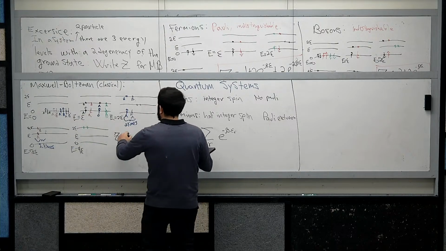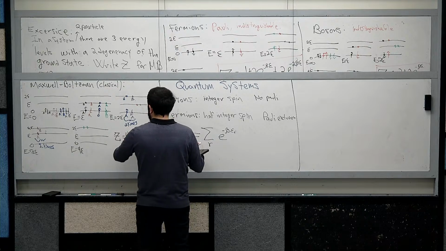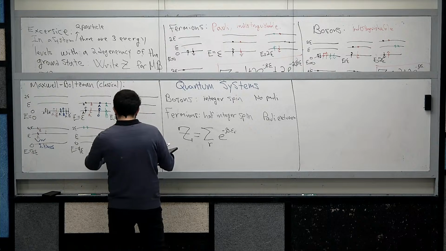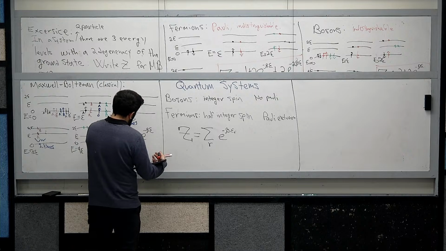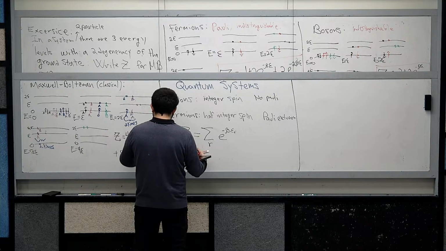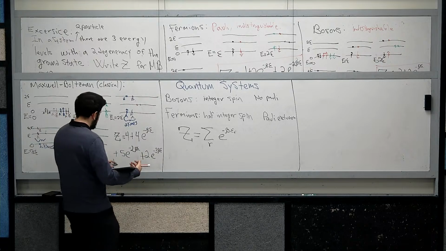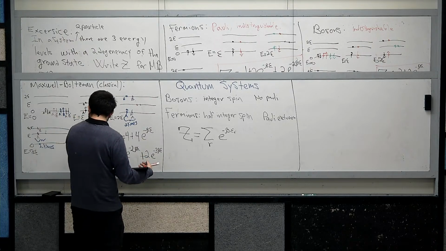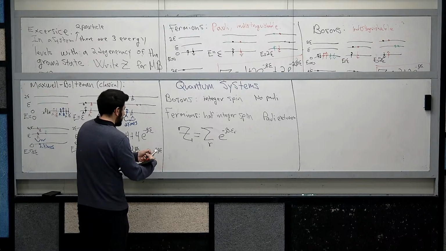Which would be the 4 first, times 1, plus 4 times e to the power minus beta epsilon, plus 5 times e to the power minus 2 beta epsilon, plus 2 times e to the power minus 3 beta epsilon, plus e to the power minus 4 beta epsilon. Great.